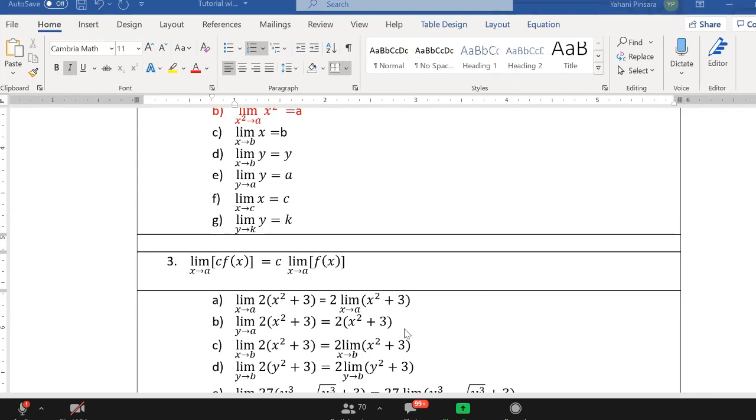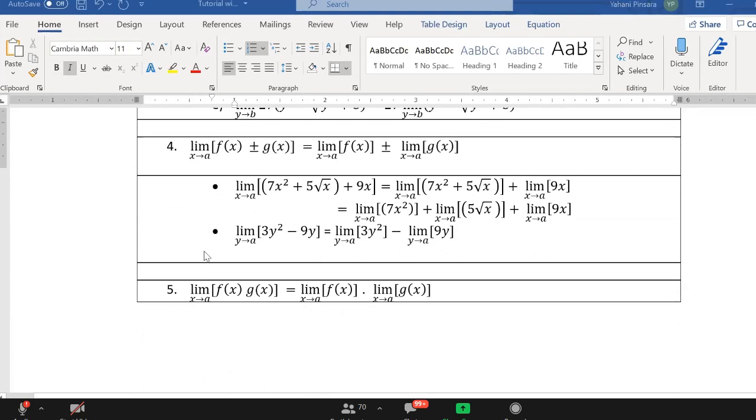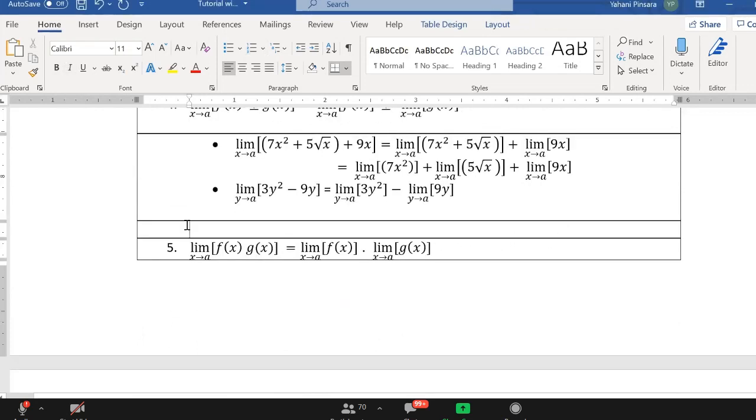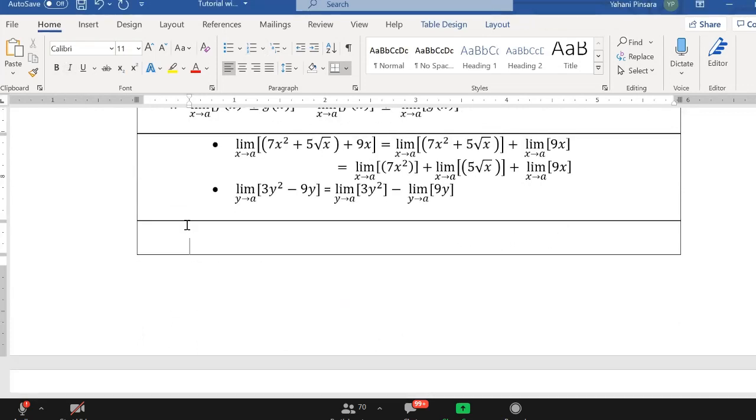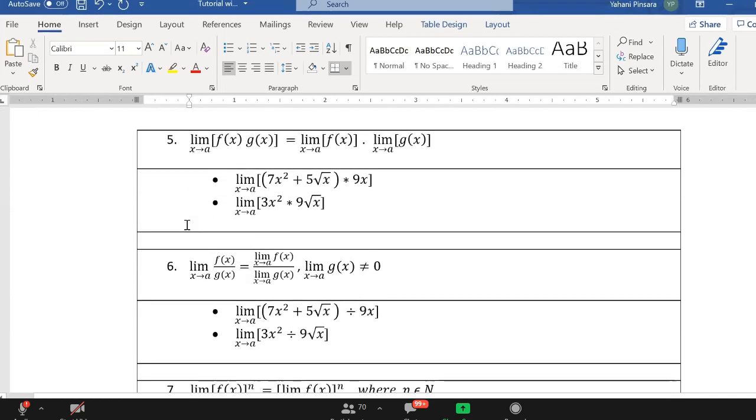Okay. So let's move on to the next one. That is multiplication. So what happens when we multiply two functions? The same thing applies here as in addition and subtraction.